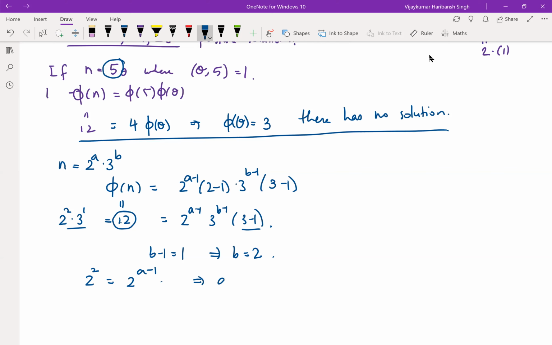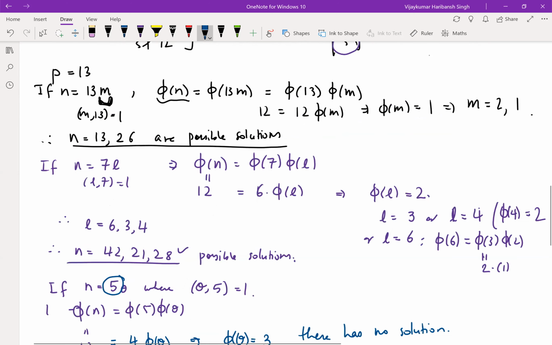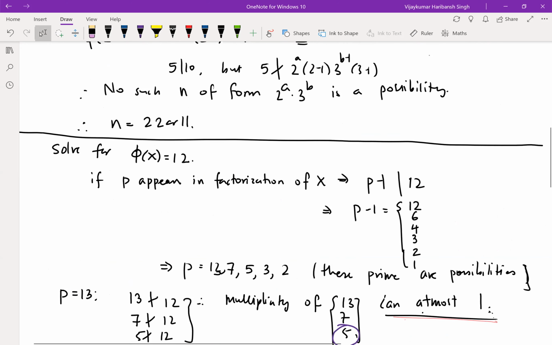So therefore a equals 2. In that case, n will be 2 to the power 2, which is 4, times 3 to the power 2, which is 9, which is 36. So these are all the possible solutions for phi of x equals 12.